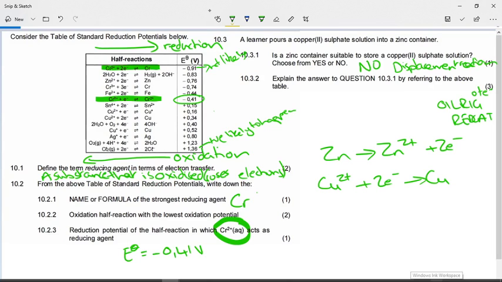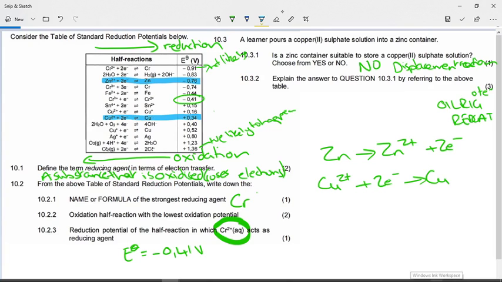Explain the answer to question 10.3.1 by referring to the above table. So if we look at the above table, we're wanting to look at which particular reactions. Here is Zn2+ plus 2 electrons, and here is Cu2+ plus 2 electrons.